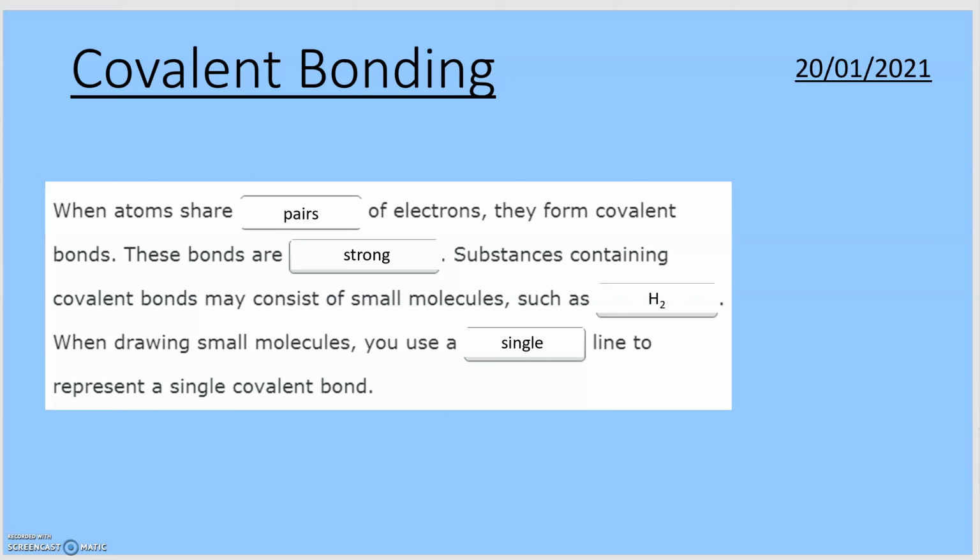Now, some properties that you may want to know about covalent bonding: when atoms share a pair of electrons, they're forming covalent bonds, and these bonds are strong.